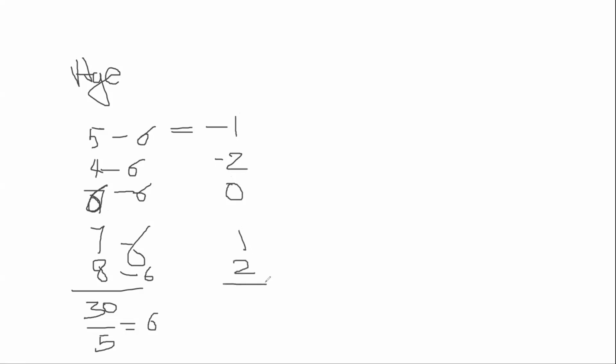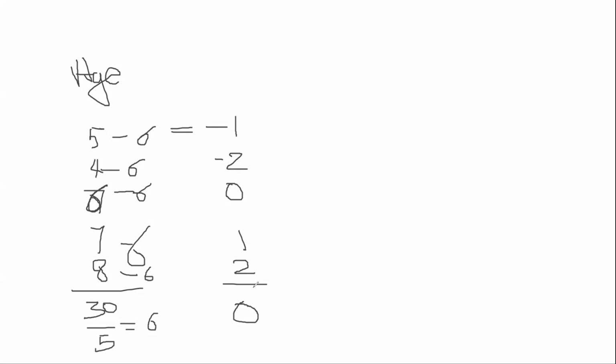What if I just sum all of them? I'm going to get 0, because these two values are negative and these two values are positive. Minus 3 plus 3 becomes 0.